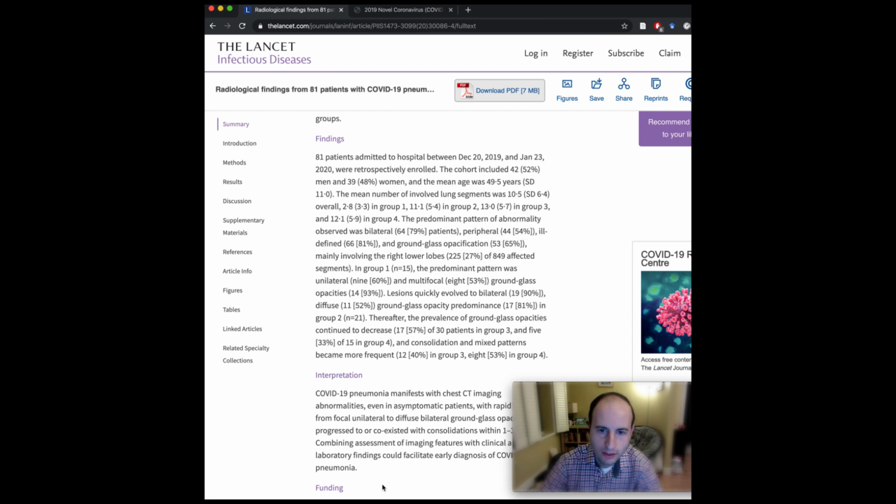So again, while we see typical imaging appearance, we've described atypical imaging appearance in the literature. It's important to remember that patients with COVID may not have typical imaging appearance, and in fact, early on in disease, the CT can be normal, particularly in patients who are less symptomatic. CTs may be normal in maybe almost half of the patients. Certainly later on in the patient's course, their CT becomes more abnormal, which is what one would expect for any progressive infectious process.